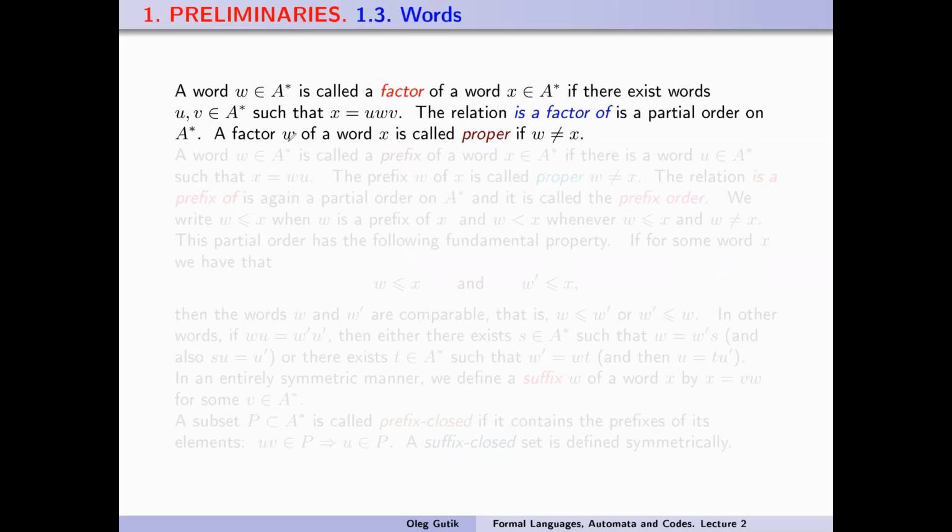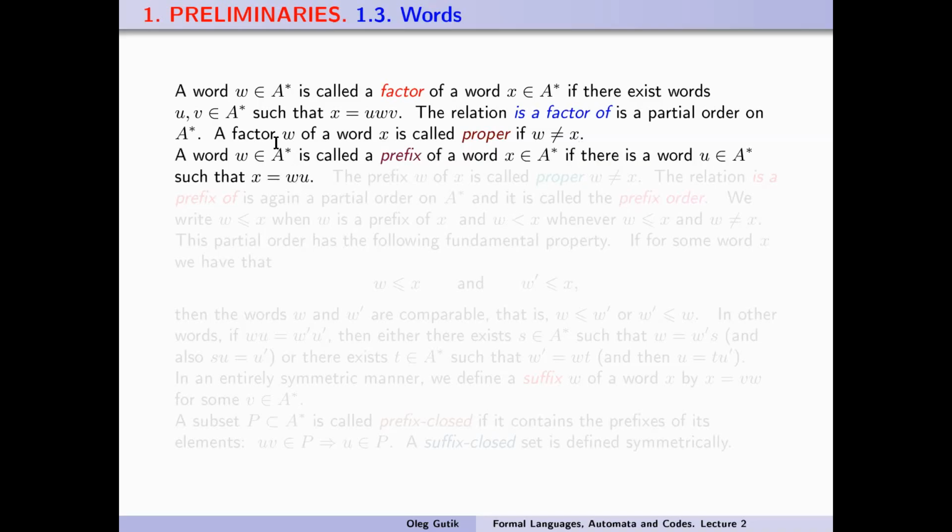A factor W of the word x of our free monoid is called proper if W does not equal x.